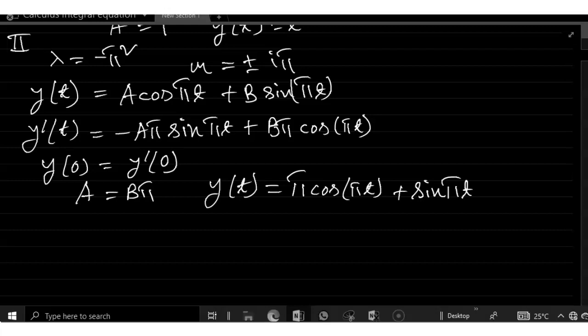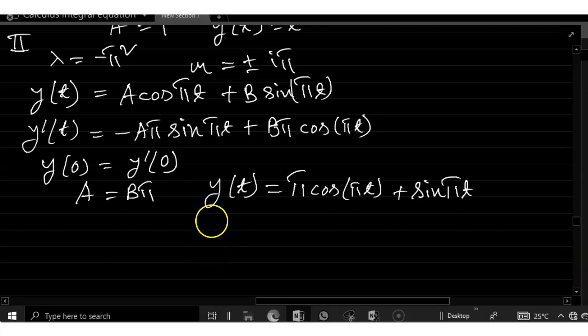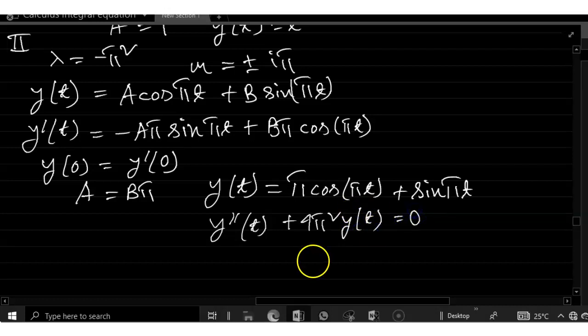So you can get again y double dash t plus 4 pi squared yt equals 0. So m equals plus minus 2 pi i.